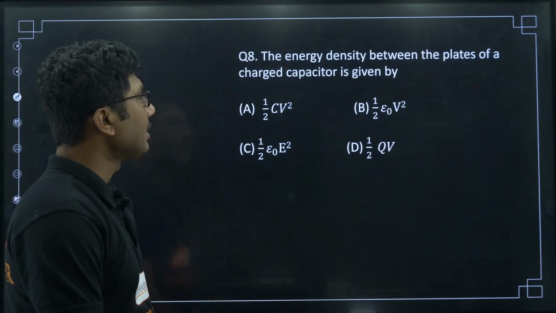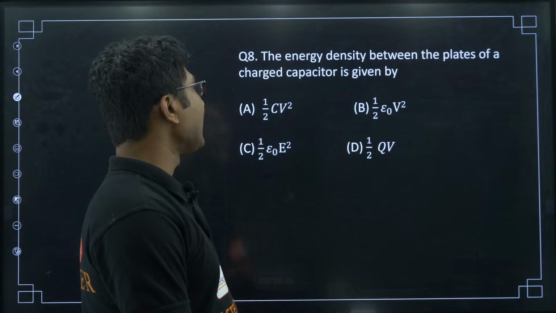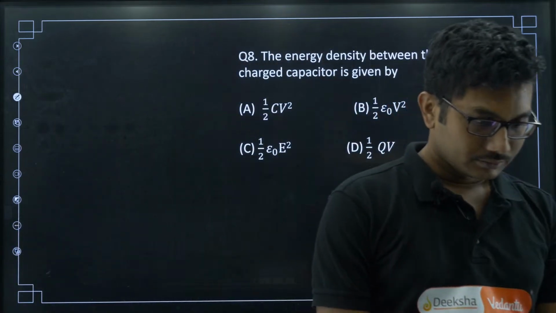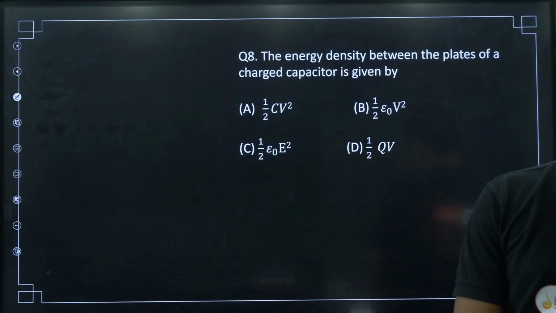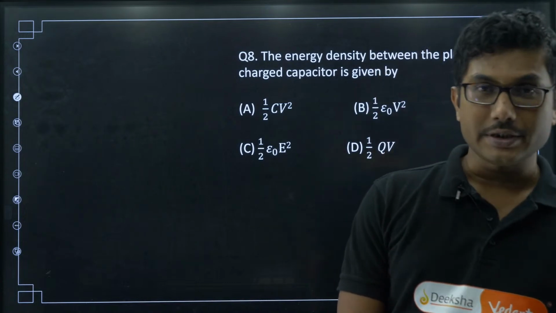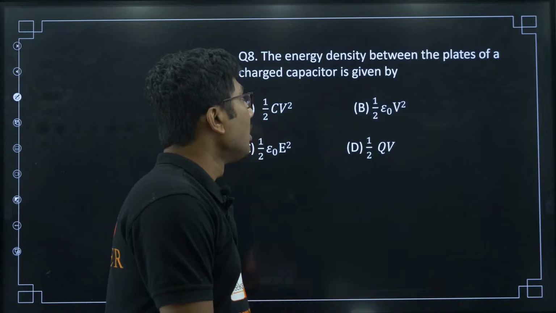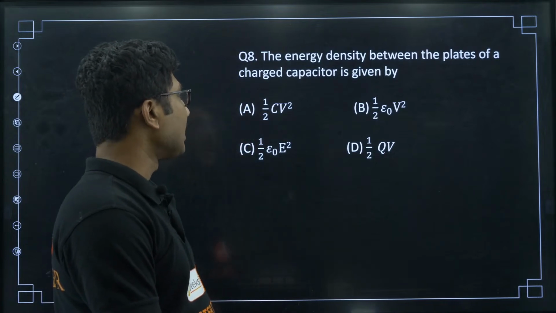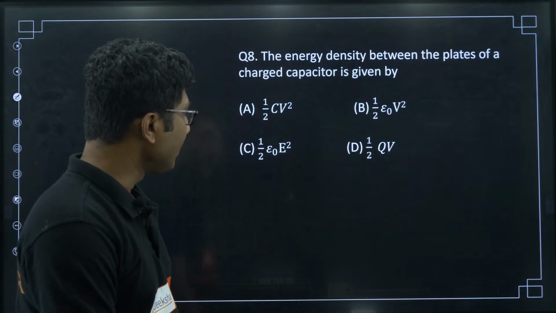Now, easy question, question 8. The energy density between the plates of a charged capacitor is given by. Anyone, whoever is watching please respond quickly.